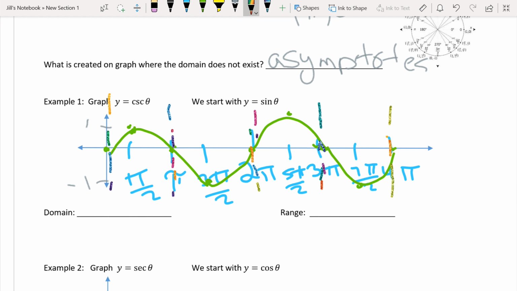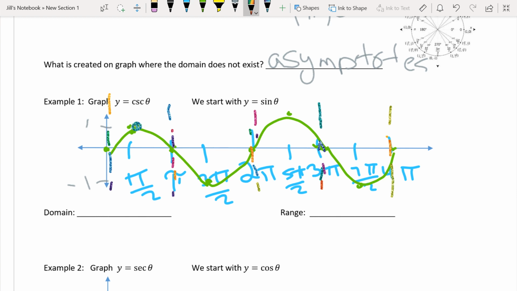Now, all you do is you reciprocate the functions that you see. So it's an interesting concept, but I'm going to do this in a different color, blue. They always share a point. The cosecant function and the sine function share the turning point.